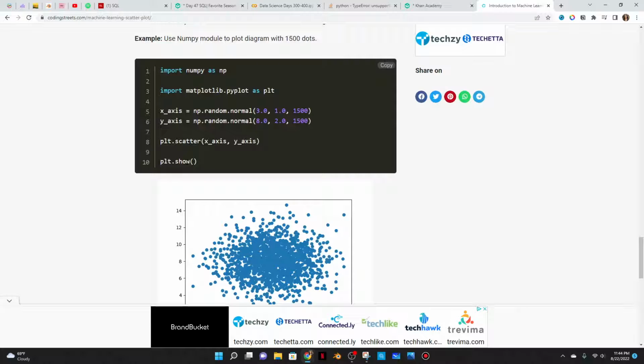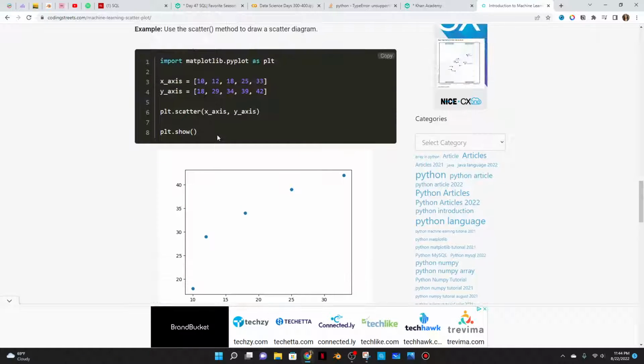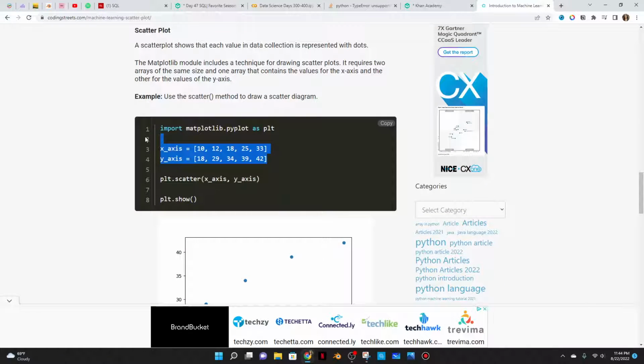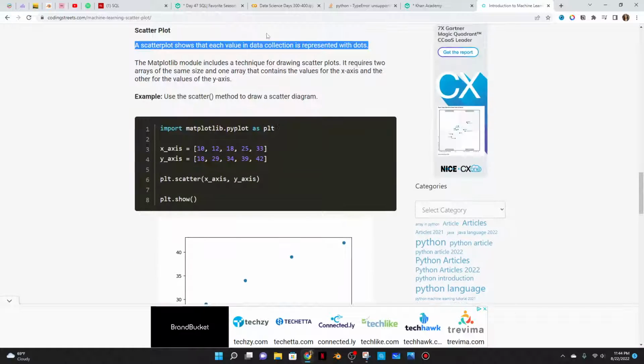What's the difference? This is a random, it is a scatter plot. What am I saying? Each value in data collection is represented with dots. Two arrays of the same size and one array that contains. Oh, I don't even know.